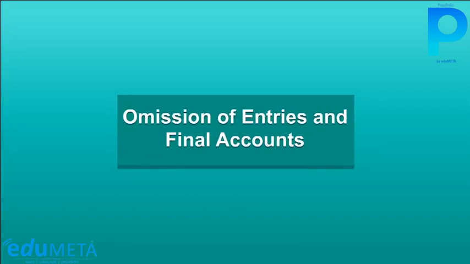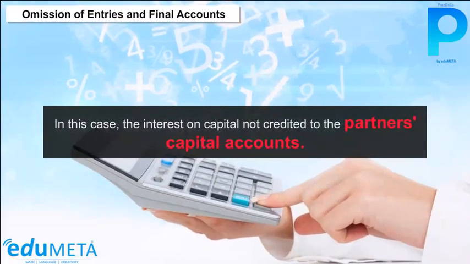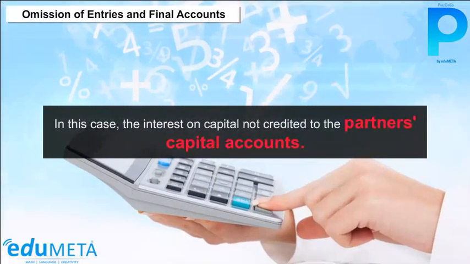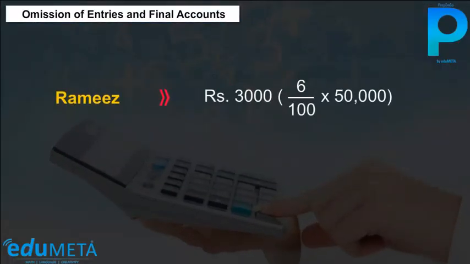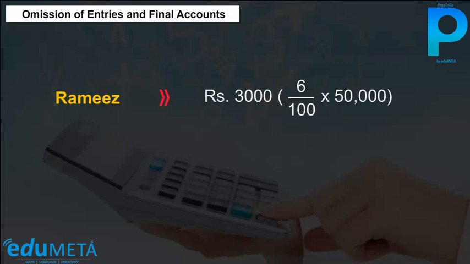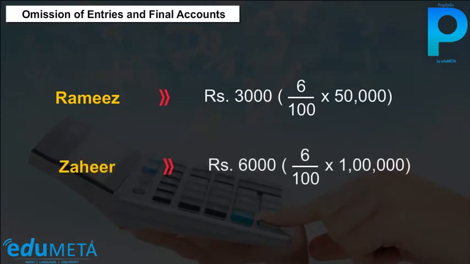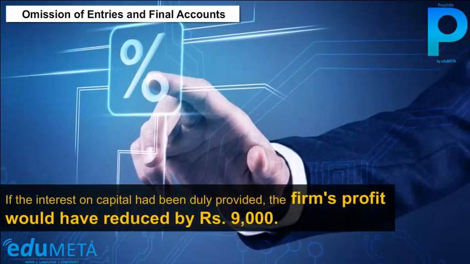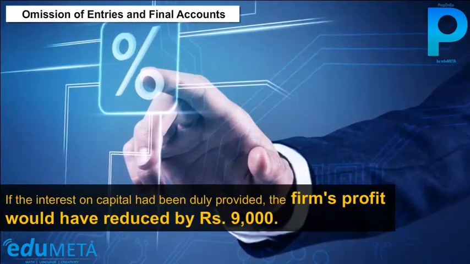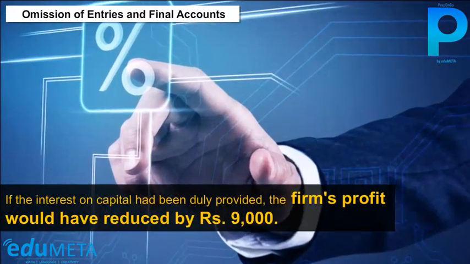Omission of entries and final accounts. In this case, the interest on capital not credited to the partners' capital accounts works out to be Rs 3,000, 6 by 100 into 50,000 for Ramiz, and Rs 6,000, 6 by 100 into 1 lakh for Zahir. If the interest on capital had been duly provided, the firm's profit would have reduced by Rs 9,000.